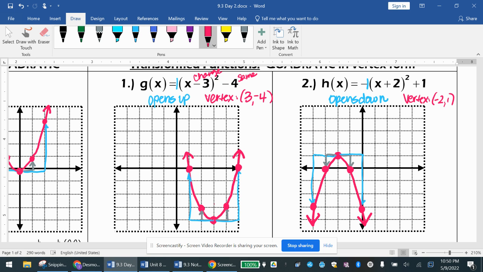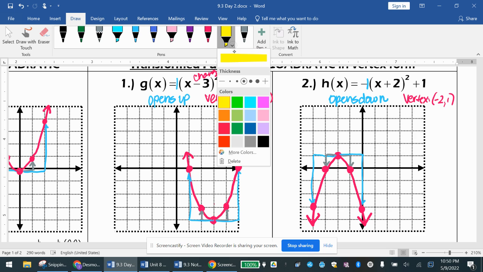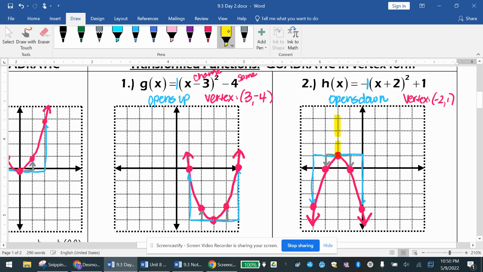Okay, so remember, you can use the axis of symmetry. We talked about the axis of symmetry in the first chapter, to kind of check to make sure it's symmetrical, right? Esa línea decide si es simétrico o no.